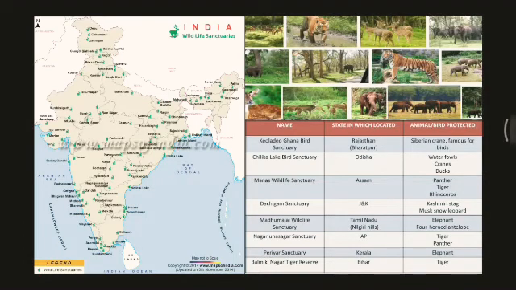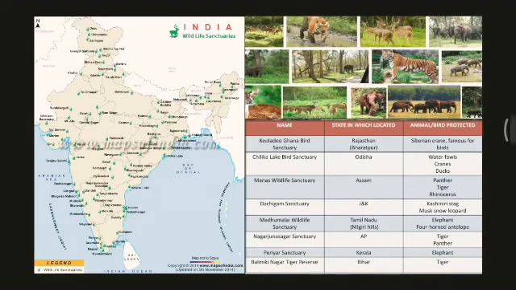Manas Sanctuary is mostly for Project Tiger and Elephant Reserve. Govind Sagar Sanctuary is for fishes, reptiles, mammals and migratory birds. Bhimashankar Sanctuary is for Indian giant squirrel, leopards, hyena, wild boar, and lots of other sanctuaries are there, as you can see here in the list. You can go through it.